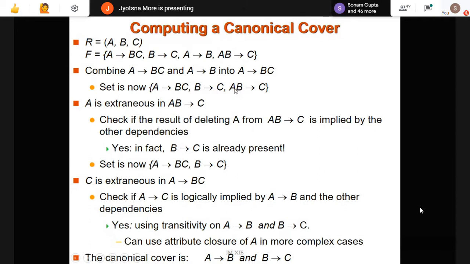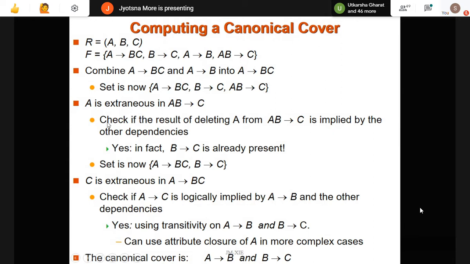Or A is determining C or B is determining C, which I can also get with the help of this: A determine B or A determine C from here and B determine C from here, right? So I'm saying A is an extraneous attribute in this. After removing the extraneous attribute A, I will get B determine C, which is already present. So I have to remove this functional dependency completely.